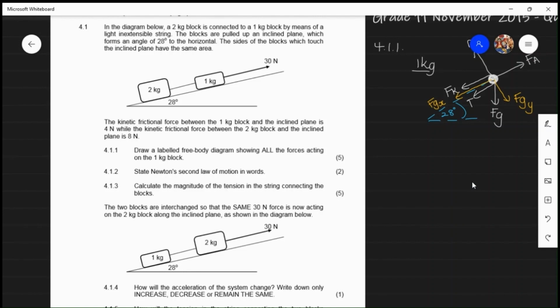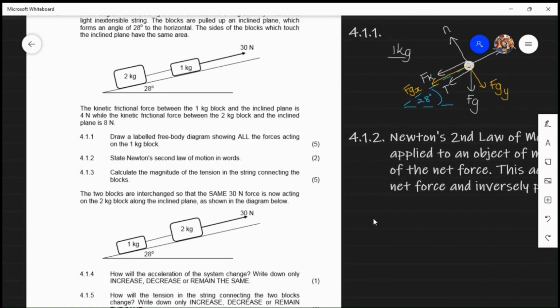In addition to that, mass is inversely proportional to acceleration, or you can say acceleration is inversely proportional to mass, which means that as one increases, the other would decrease. So if acceleration increases, that would suggest a decrease in mass. Or if mass were to increase, acceleration would decrease. So as long as one is increasing, the other would decrease. And if one decreases, the other would increase.